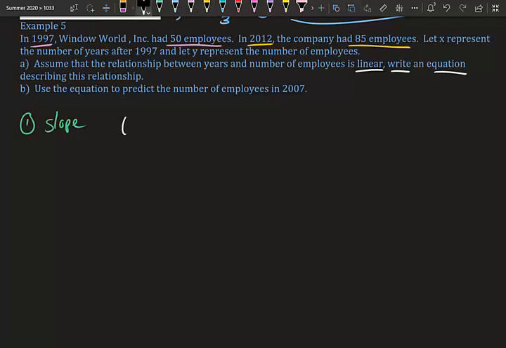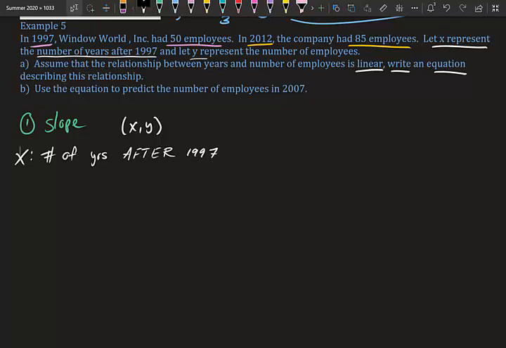Since we're talking about points here, we're obviously talking about X and Y. X represents the number of years after 1997, and Y represents the number of employees.